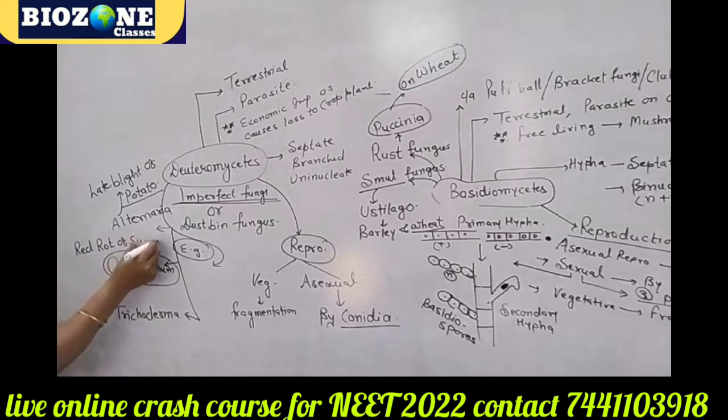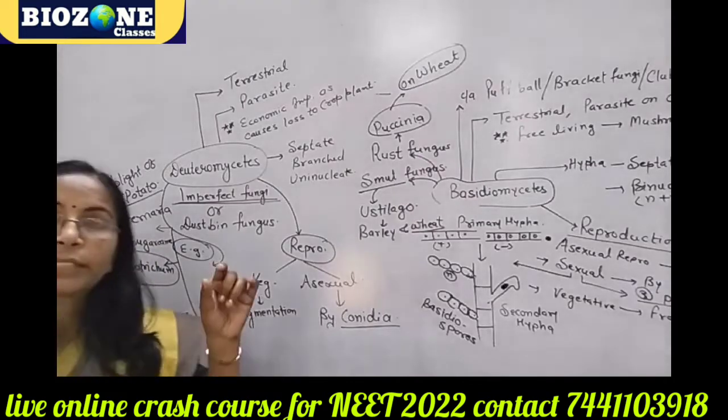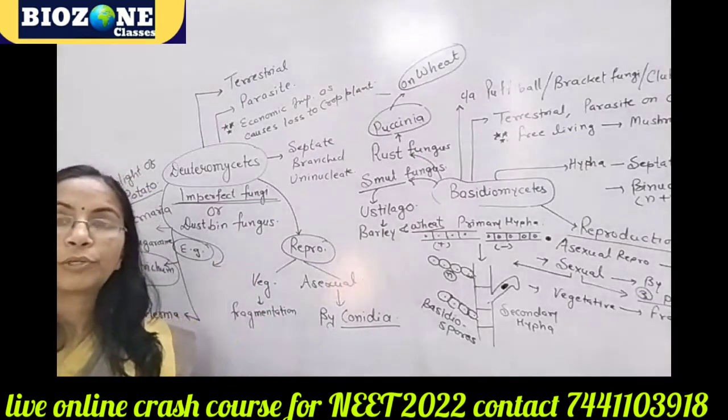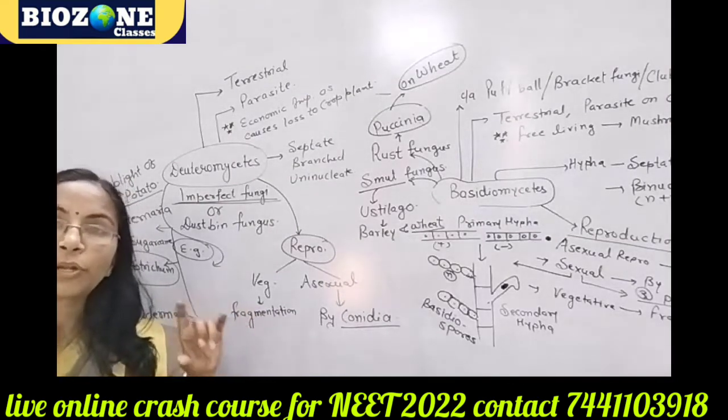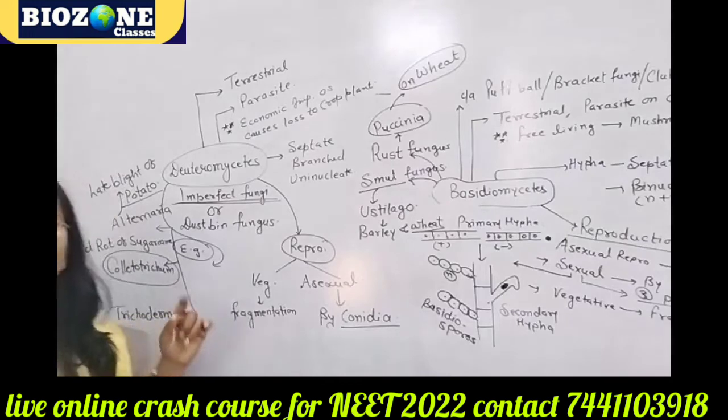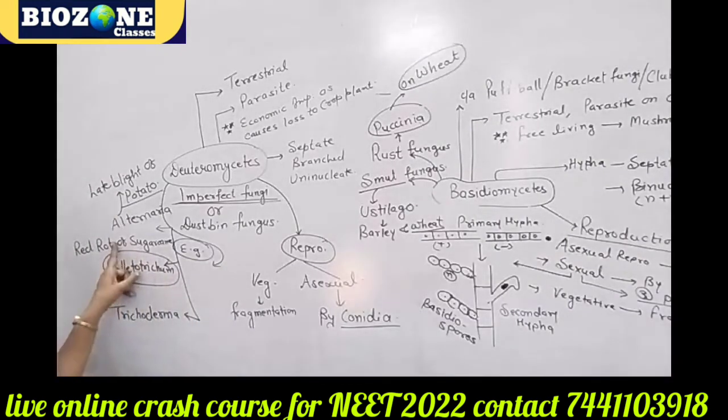So red rot of sugarcane is take place in Colletotrichum. Okay, whenever you observe the sugarcane, so sometimes the center section of the sugarcane is appear reddish in color. That reddish part is rotten, and that toxin of the fungus provide a red color of that sugarcane. So that disease is called as red rot of sugarcane.